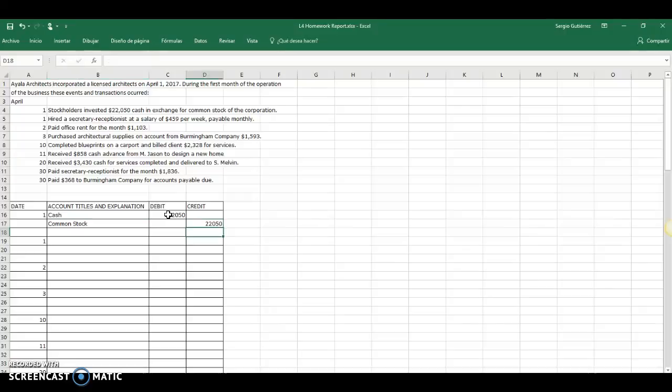$22,050. On that same first day, Ayala hired a secretary receptionist at a salary of $459 per week, payable monthly.